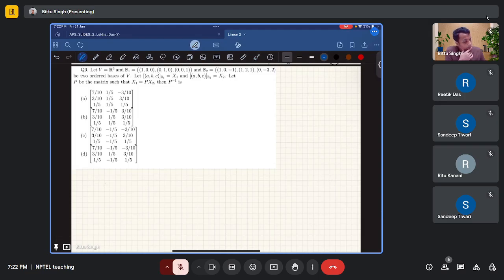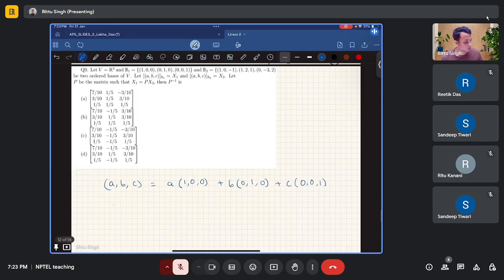ABC, again by the same procedure, you can easily see that ABC is the same as a times 100 plus b times 010 plus c times 001.